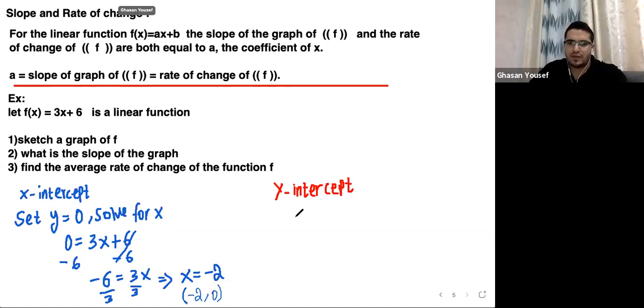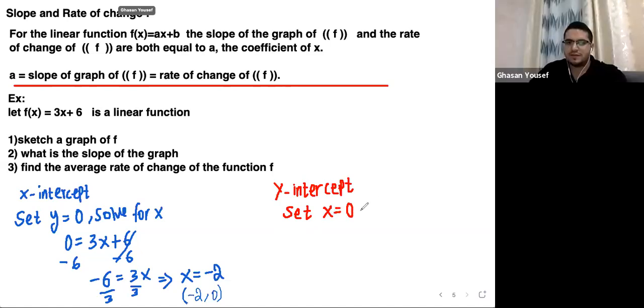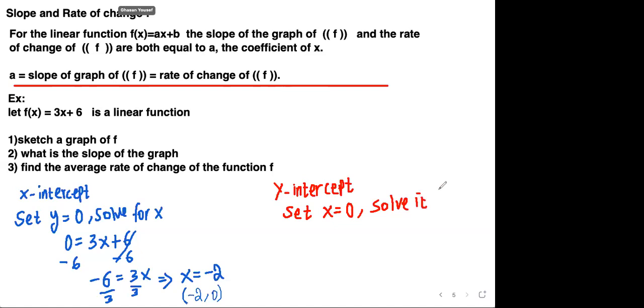Okay, who will do the y-intercept? What should I do? You said x equals 0. Correct, x equals 0. Then you have to solve it for y. Can you do it?